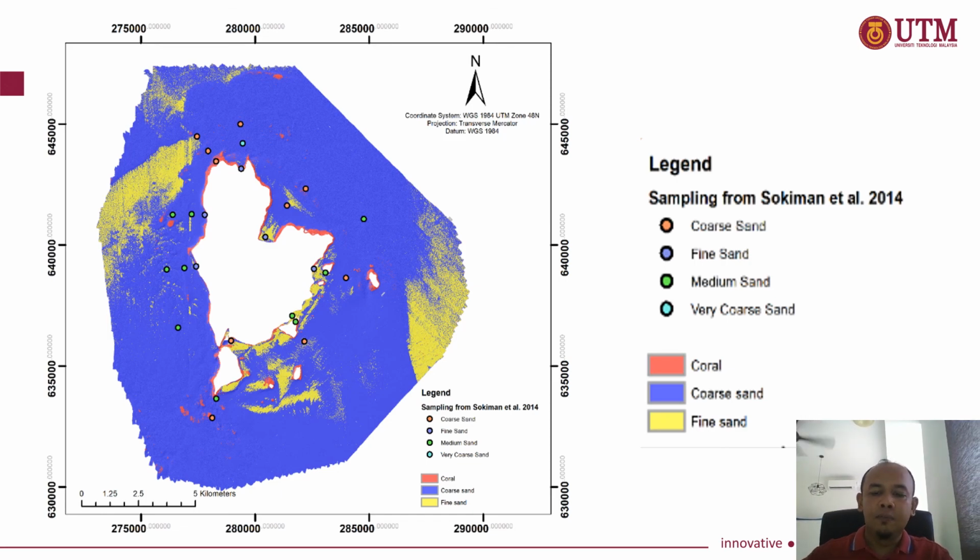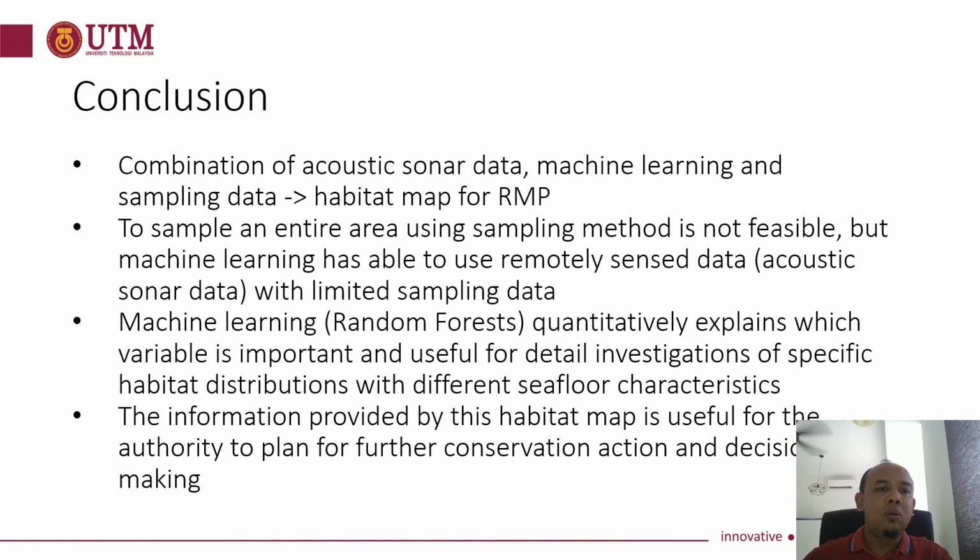And for the conclusion, the combination of the acoustic sonar data, machine learning, and sampling data has provided us the ability to produce a habitat map for the Marine Park. To sample an entire area is not feasible, but with the use of machine learning, we can do this using the remotely sensed data with a small amount of sampling data.